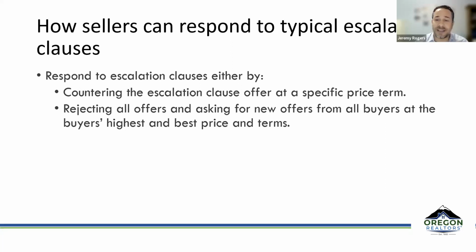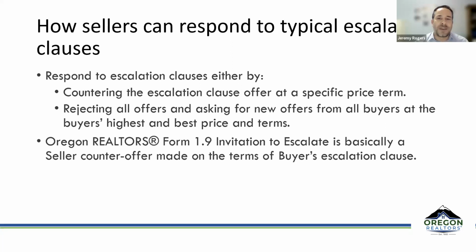In Oregon, obviously in other states where it's prohibited by law, you have other things to worry about. So our invitation to escalate is basically taking this counteroffer model, but making it even better and clearer, and increasing the likelihood of success for both parties.